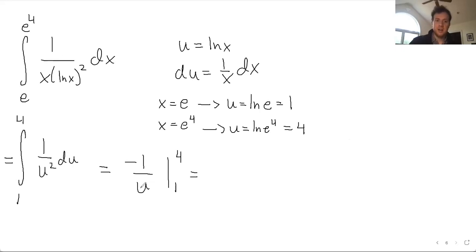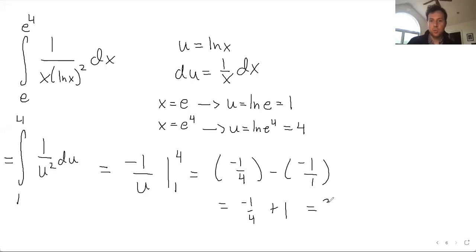Putting in these numbers, we get -1/4 minus -1 over 1. That's -1/4 plus 1, which is 3/4, which is the same number that we got before.